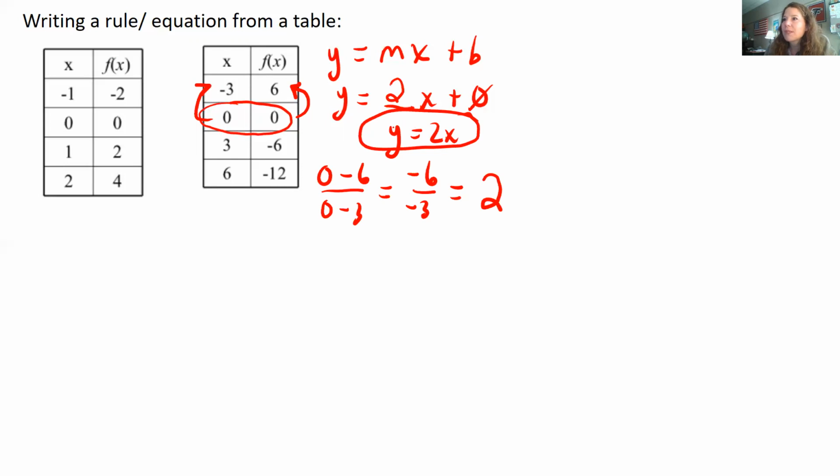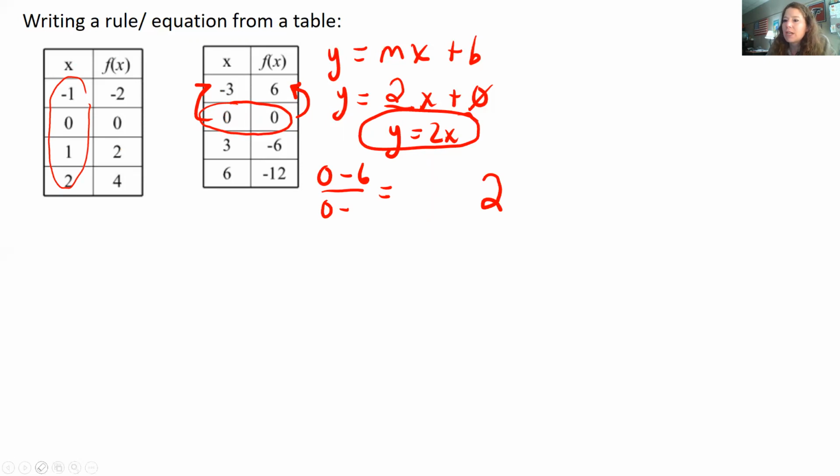Okie dokie. So even though they use different x values, except for 0, all the x values are different, we do get the same equation. So basically you're multiplying. Uh-oh, it should be negative 2. What did I do? Oh my goodness, I did what I tell you guys not to do. I dropped my negative sign. Oh, what a disaster, you guys.